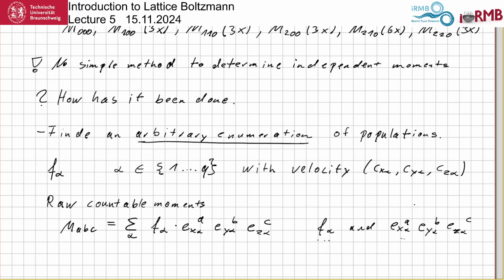So this here and this here, we can write as vectors. And when we write them as vectors, we can do linear algebra with them, which some people like to do.